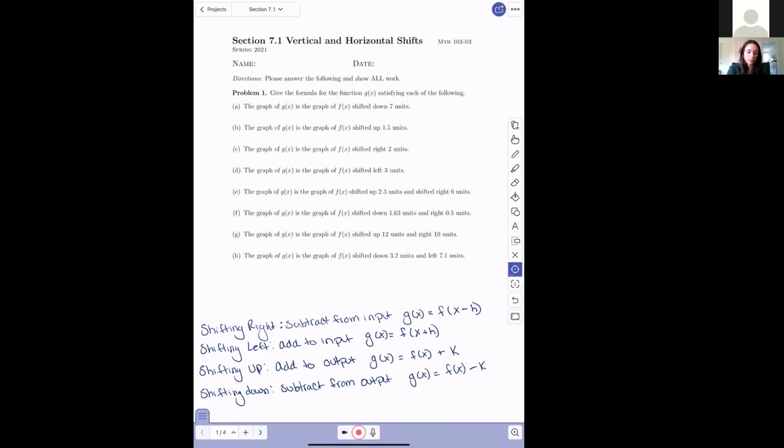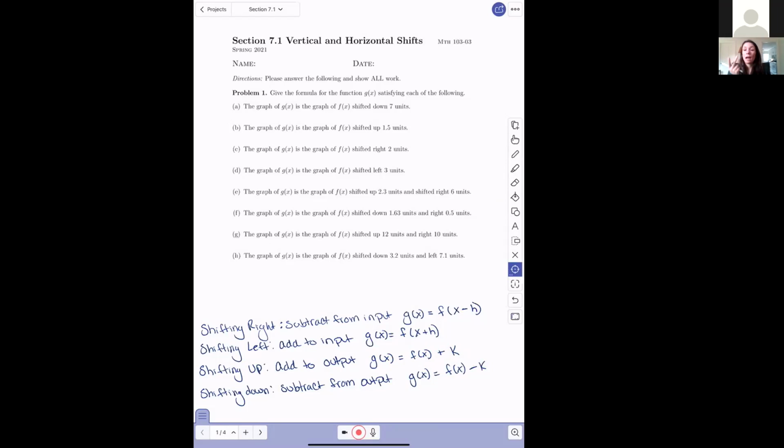So g of x here is the function of x. First, whatever the function is happens to x, and then to the output of this f function we add the k value or subtract it.